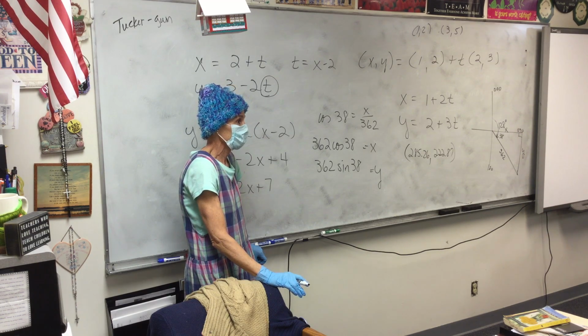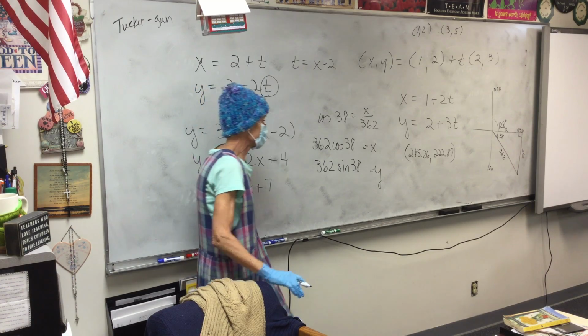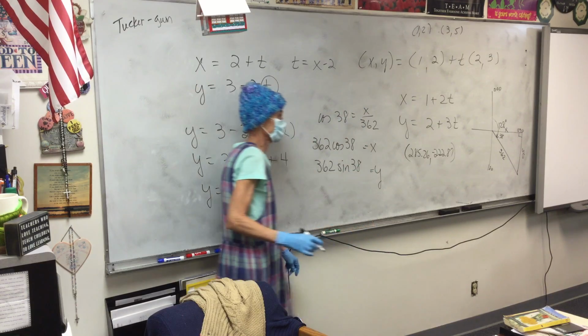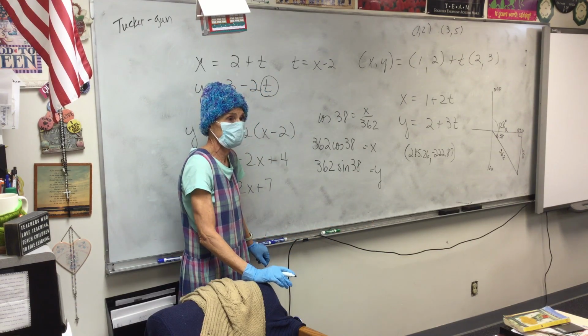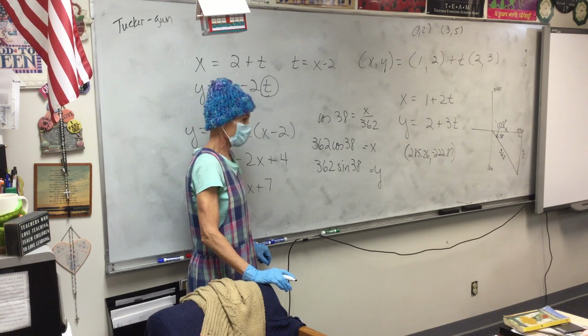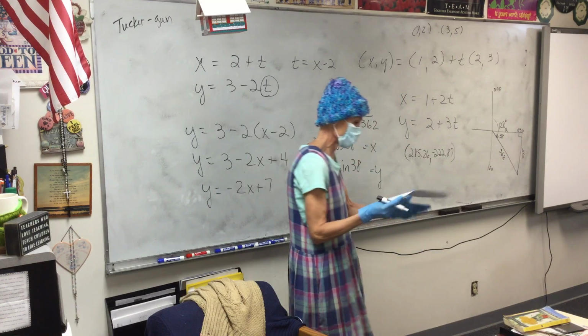What's wrong? What's negative? The y is negative. Take a look at your picture, kids. Does it make sense to you that your y has to be negative? You got to pay attention to that, okay? It won't come out on the calculator. You need to do that.